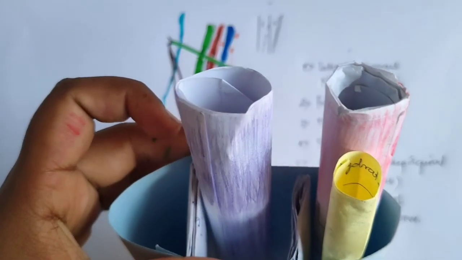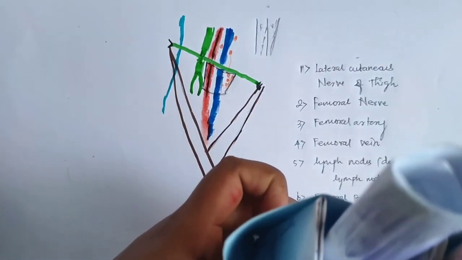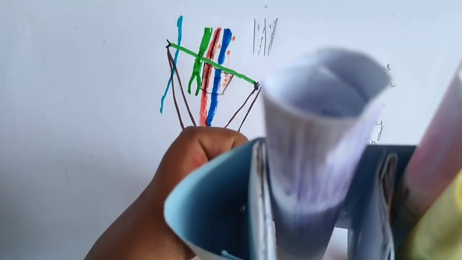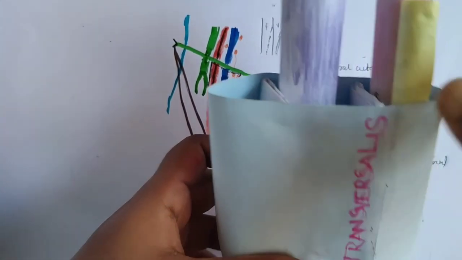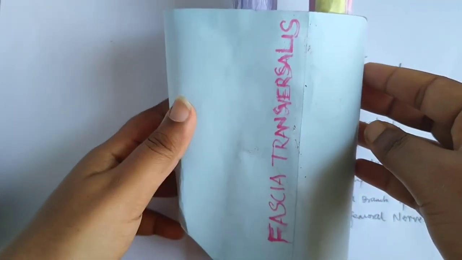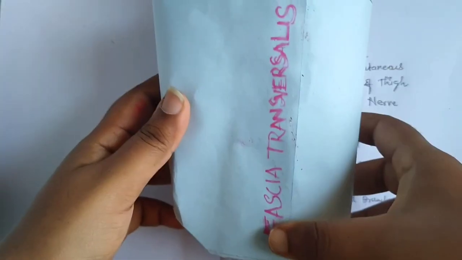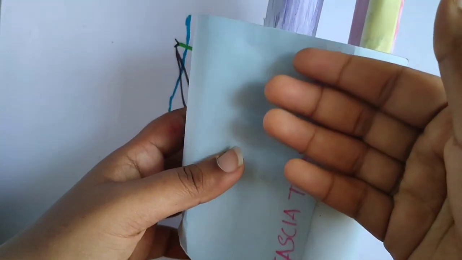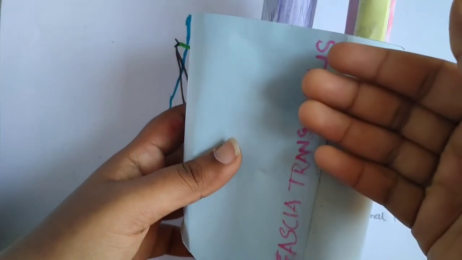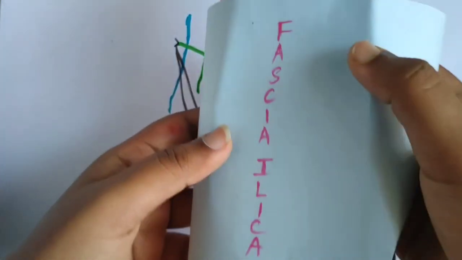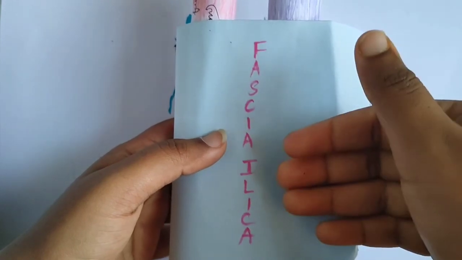These are the compartments, and in the femoral canal only we can see deep inguinal nodes. Then the femoral sheath is anteriorly formed by the fascia transversalis, and posteriorly formed by the fascia iliaca.